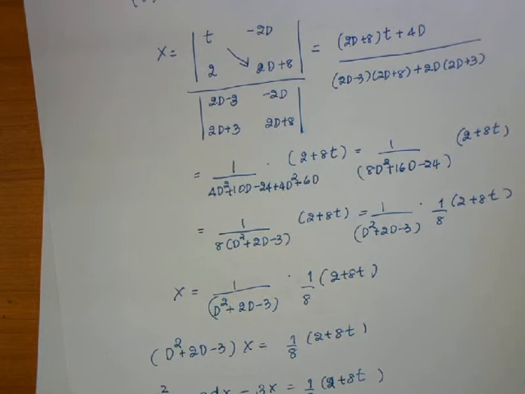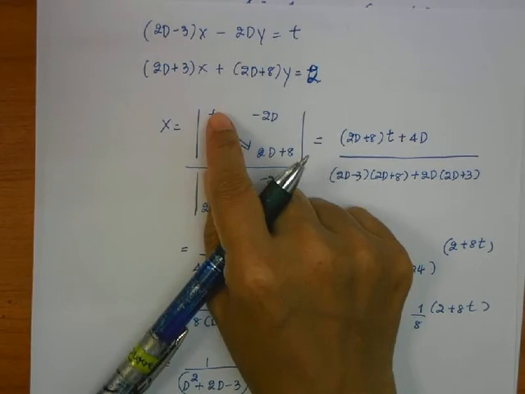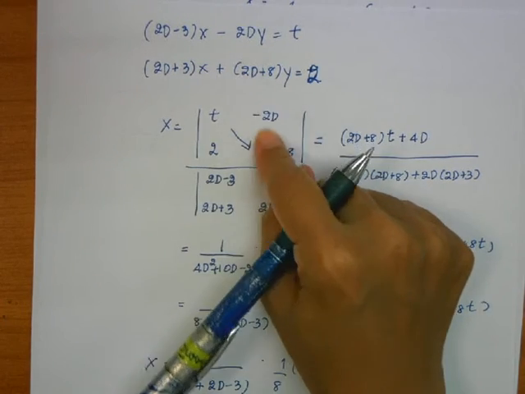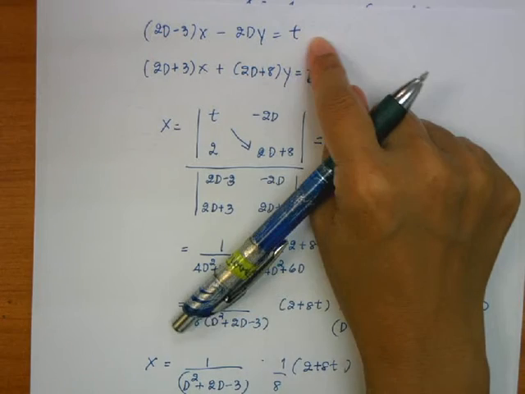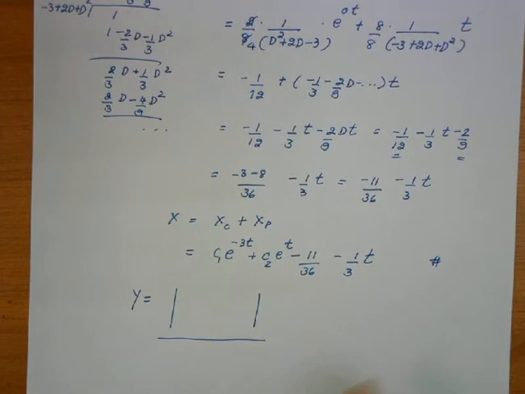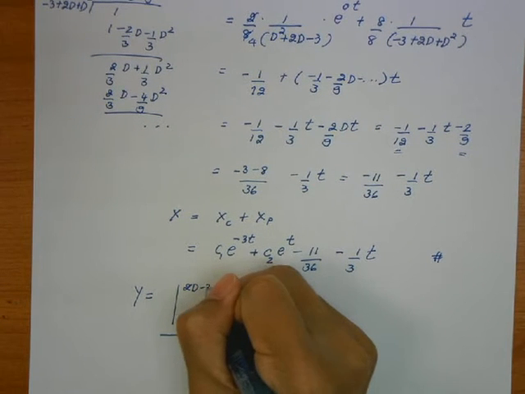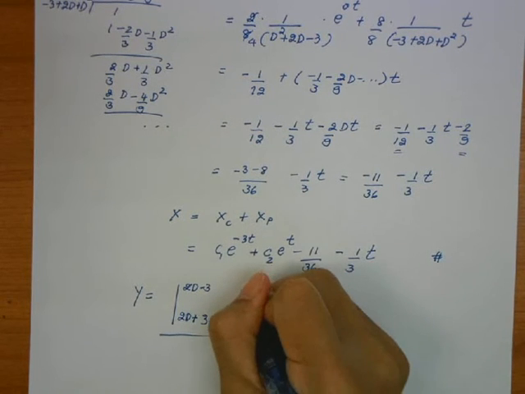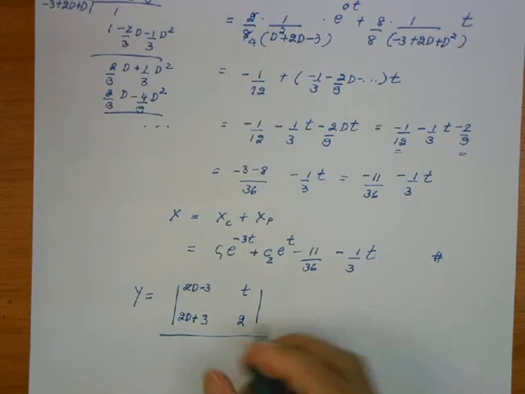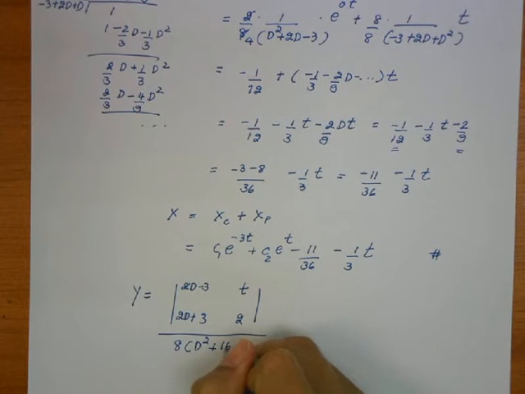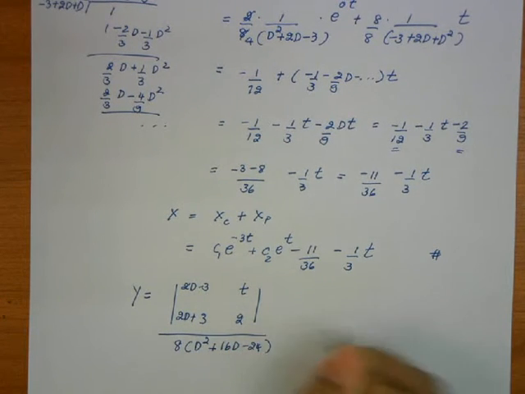And to find y, now, the coefficient of x, you just put it there. But the coefficient of y, you replace it with t and 2. Okay? So we will get plus 3 and t and 2 divided by 8 times D squared plus 16D minus 24.